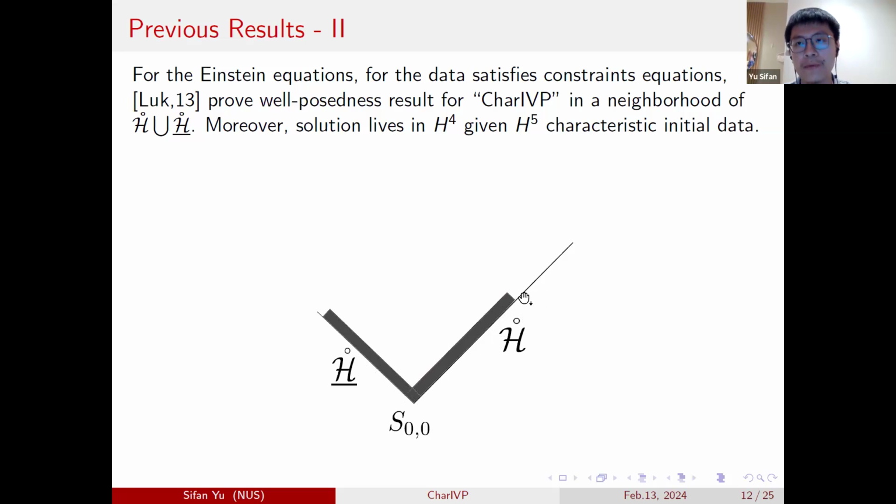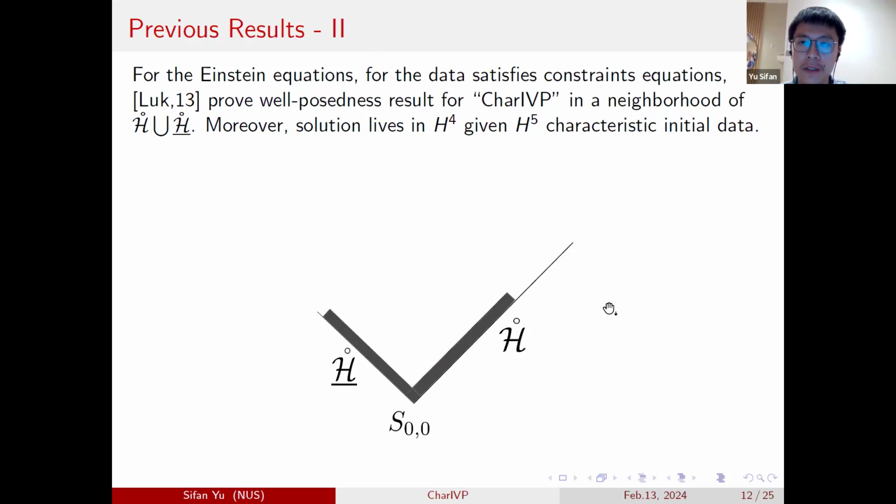Okay. So I prefer to call it a characteristic nike. So he showed that the solution is locally well-posed in such a characteristic nike. And moreover, he gave a regularity theory saying that if the data is H5, then the solution is H4.